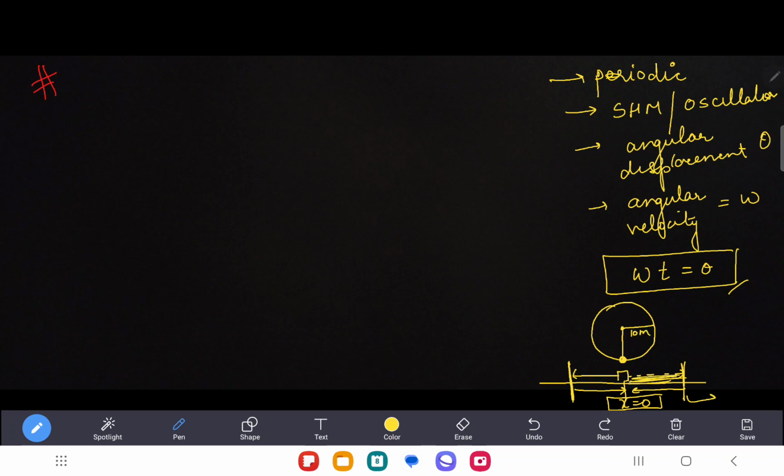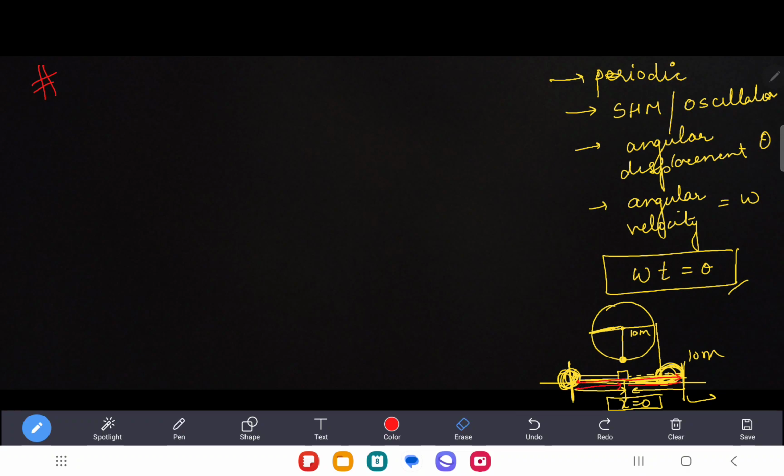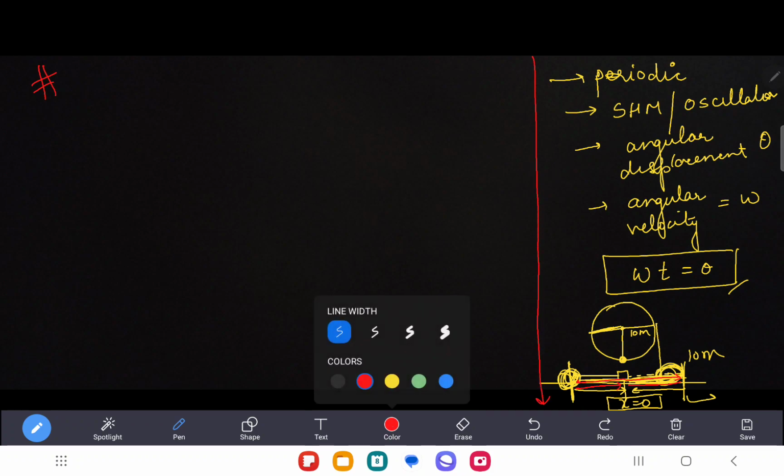So the shadow cannot go beyond 10 meters, because the maximum shadow would be here and here. So the shadow performs this kind of back and forth motion within a certain limit.